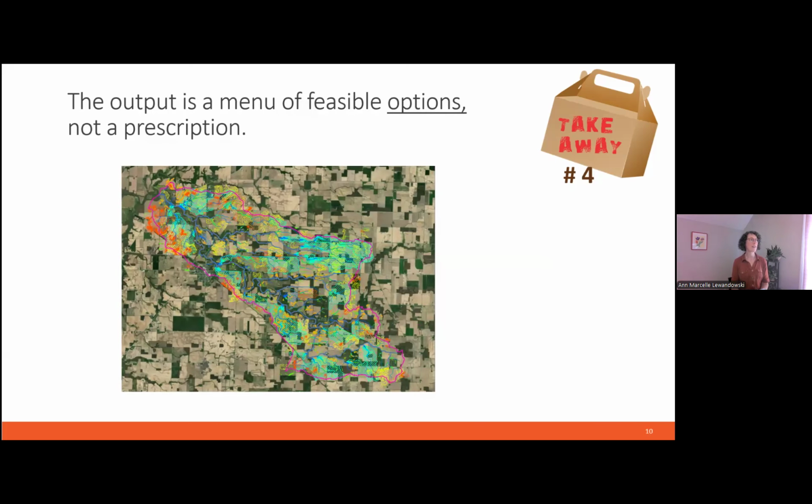Number 4, the ACPF produces or identifies sites where conservation practices will work and are appropriate. So this is just a menu of feasible options where they can be. This is not a prescription. To prioritize where you should actually be putting these practices, you need to bring in a lot of other information, including, are people interested in this?